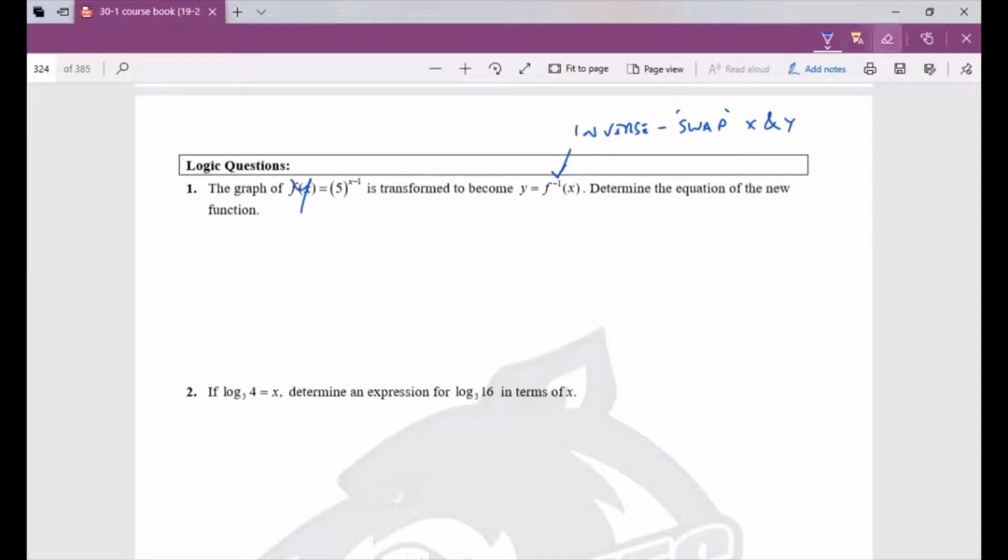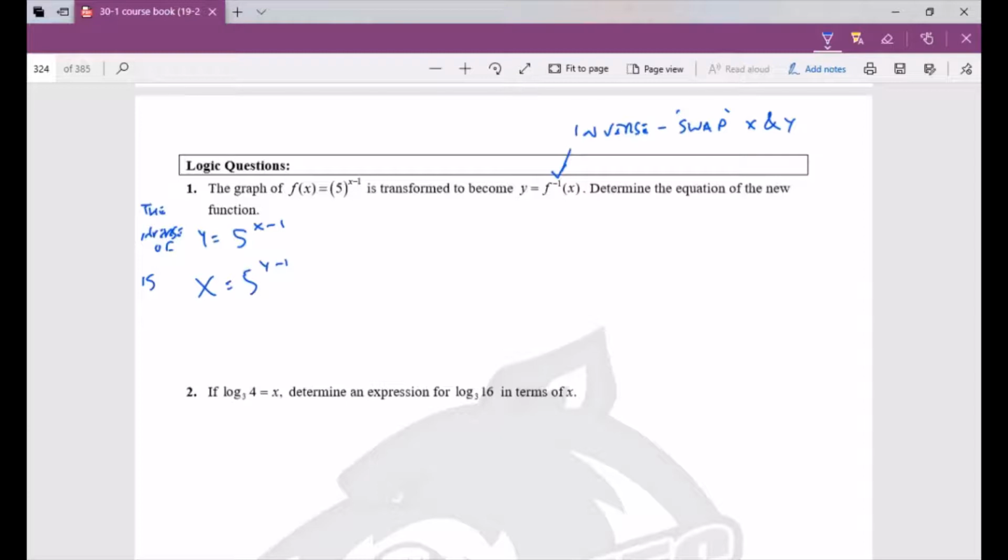So therefore, this first statement of y equals 5 to the x minus 1, if I want the inverse of it, that is x equals 5 to the y minus 1.